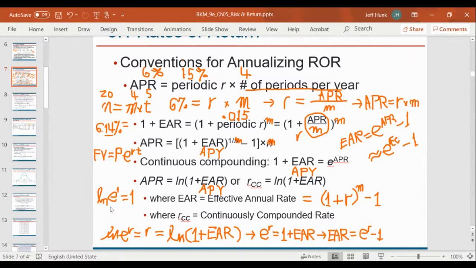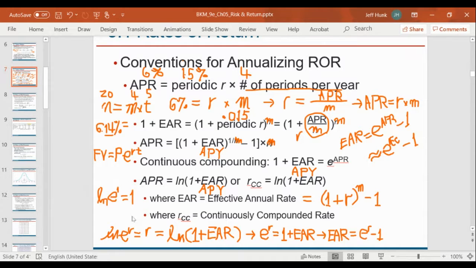Just to quickly recap, we know Euler's number and natural log are inverse functions of each other. Natural log is basically the log with e as the base. And because this base is e, the natural log of e is simply 1.